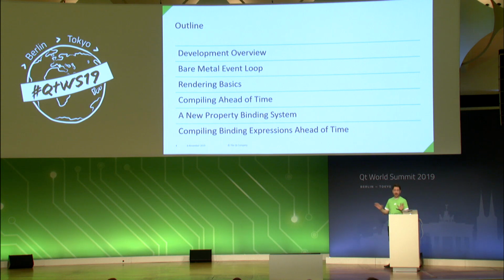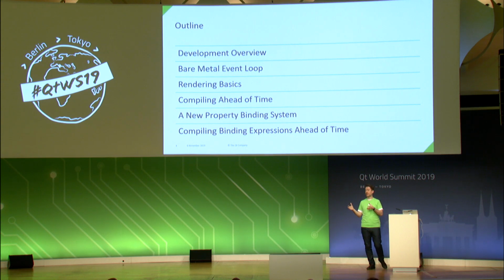So, quick outline. These are the building blocks I want to touch in this presentation. Happy to diverge a little bit if we end up with questions somewhere else, but this is the rough outline. I want to first give an overview of the general workflow and what we expect and what the environment is like. And after that, I want to dive right into the event loop.